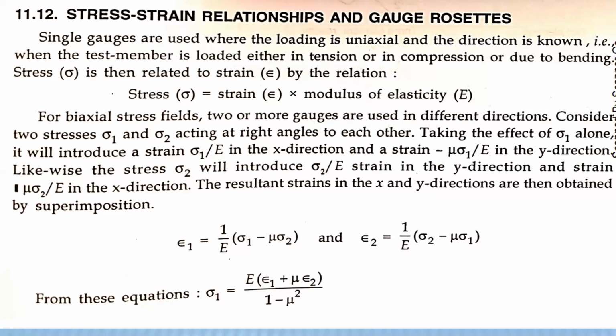The stress sigma is equal to strain epsilon into modulus of elasticity E. So whenever stresses or strains act on that body, the length, the diameter and the volume of the body are changed. If the volume of the body is changed, automatically the resistance is also changed. So the stress sigma is equal to strain epsilon into modulus of elasticity.